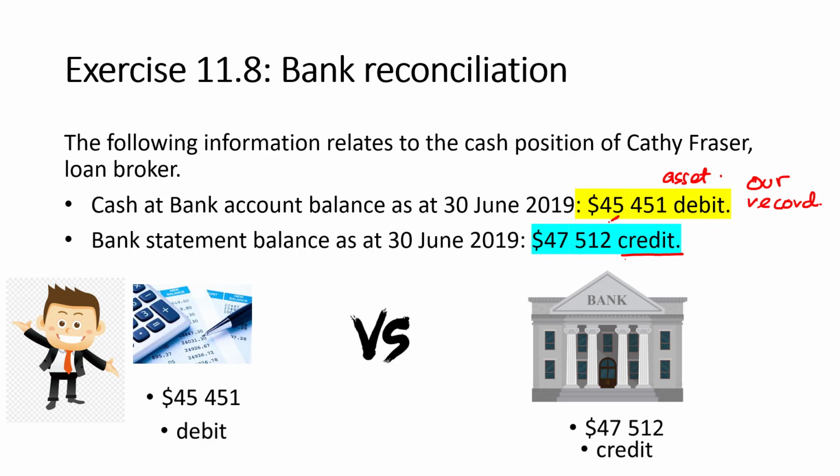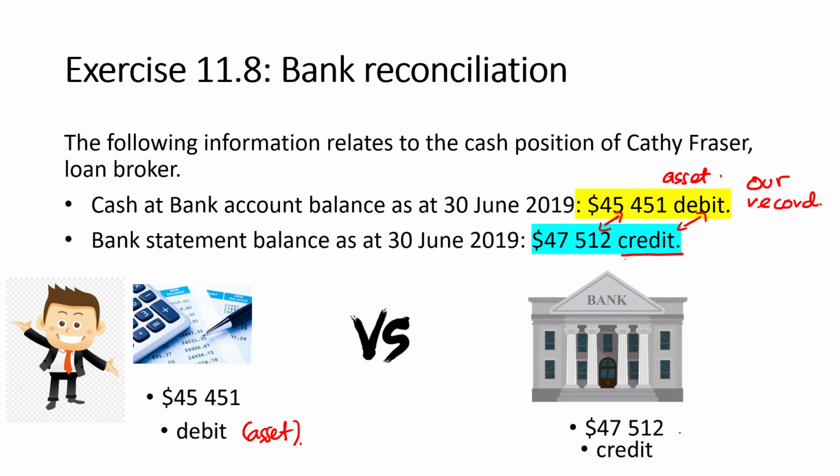So we can see there's a difference here, in the amount as well as in the side of the accounts. In our context, our cash is our asset. So the amount is 45,451. However, in the bank context, this cash does not belong to them.